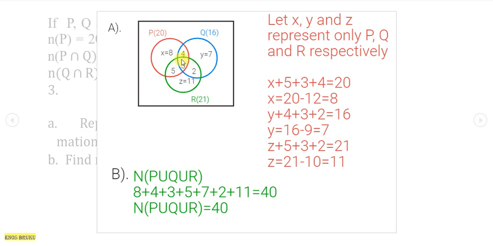Okay, so since we know that this portion is 3, then to get this other portion, we must subtract 3 from 8. So 8 minus 3 will give us 5. Good. Now we apply the same knowledge to this.